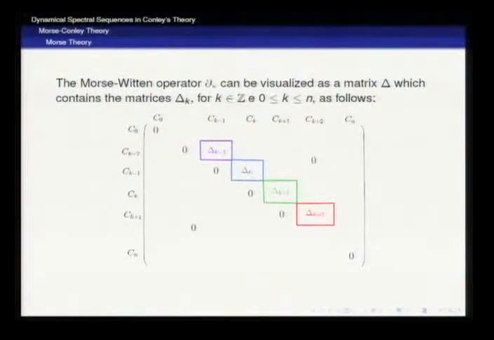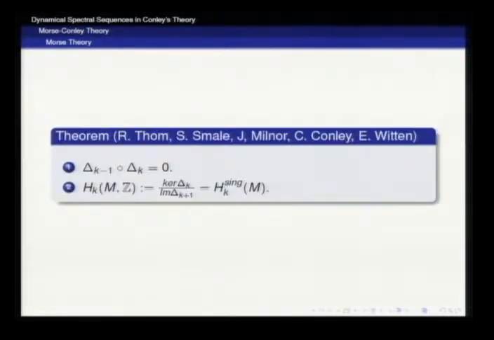Many open questions here. Okay, so this Morse-Witten operator can be visualized as a matrix delta, which contains these matrices delta k. And each one of these delta k's has the property that delta k-1 composed with delta k is zero. The giants before Witten, from which Witten's work flourishes, all have had a hand in theorems like this.